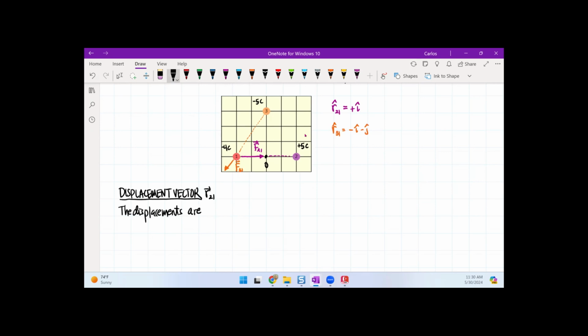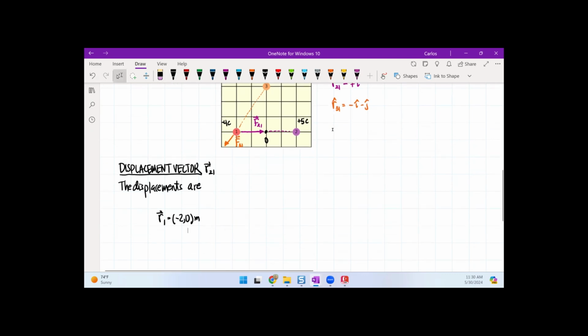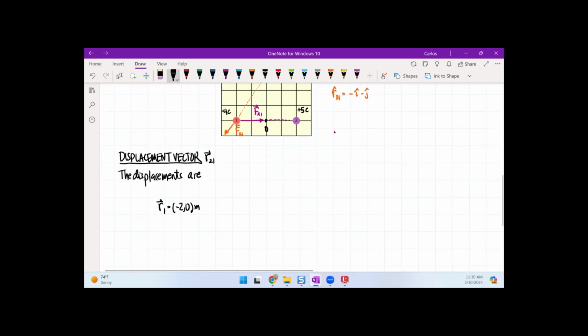We have r1, which is -2, 0 meters, because it's 2 squares to the left, and r2, which is 2 squares to the right.